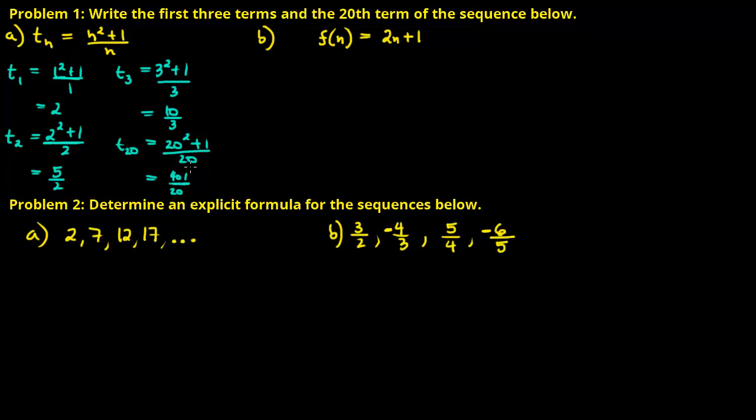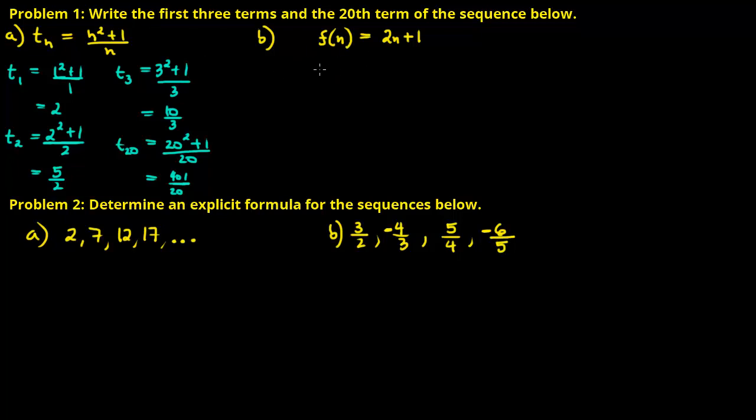In the next sequence, we use a different notation. We can also use function notation here. So we have f of n is equal to 2n plus 1. These are just two different notations.